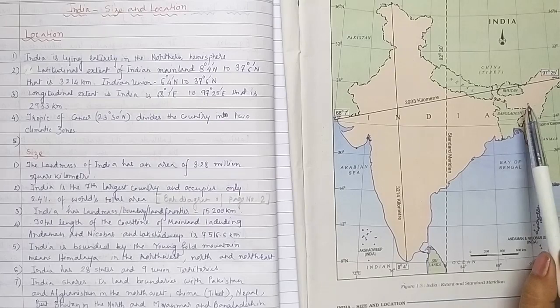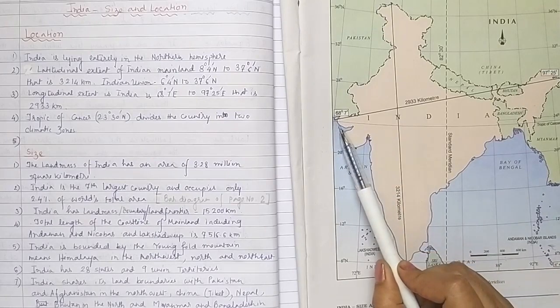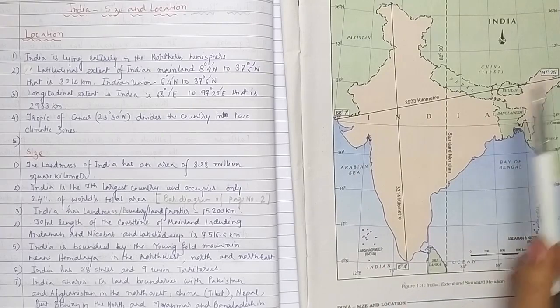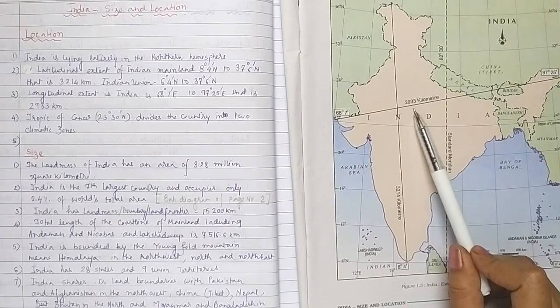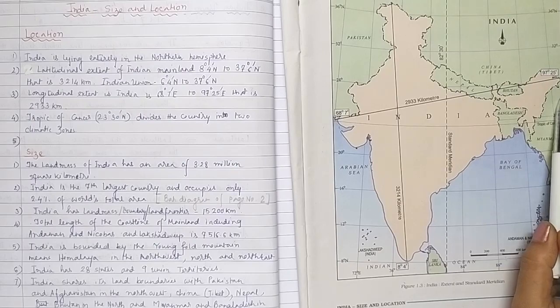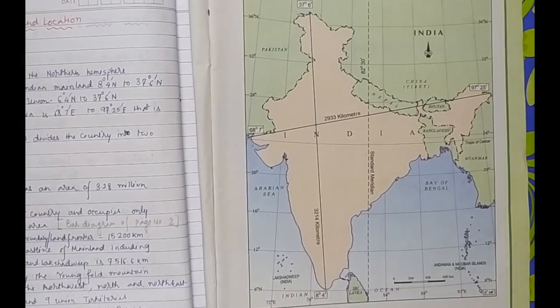Up to that clear? The next one, the longitudinal extension of India is 68 degree 7 minute east to 97 degree 25 minute east, that is 2933 kilometer from Gujarat to Arunachal Pradesh. Now we will discuss this in this way.